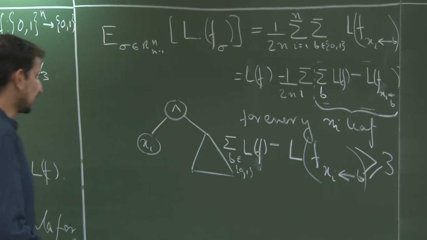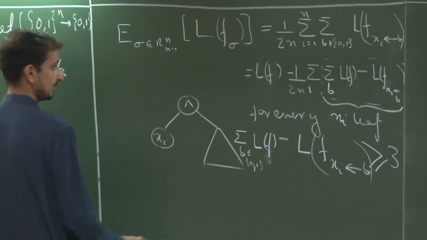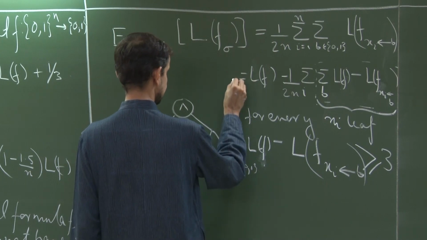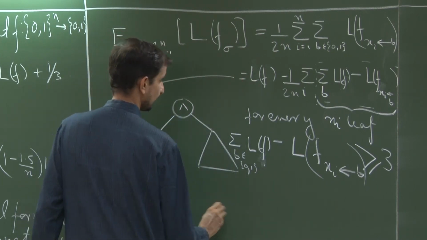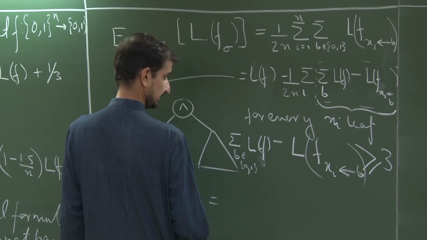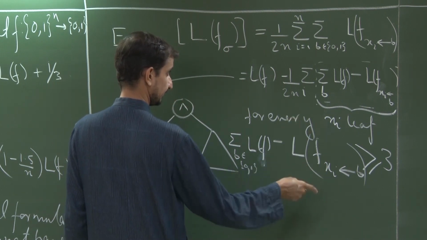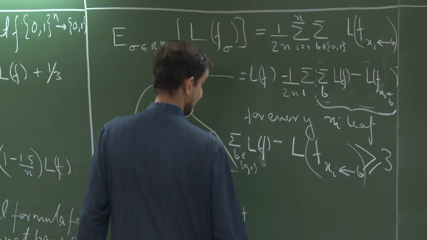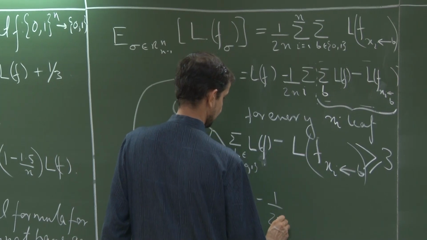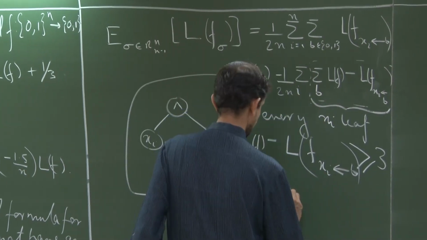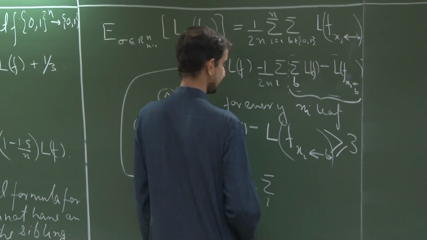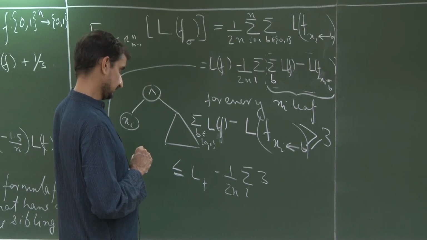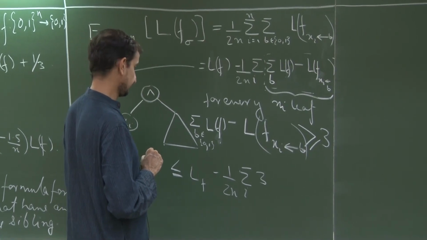Now, let us plug this back in. This expression I can write as being greater than or equal to this. I have a minus over here, so this will be less than or equal to L of f minus 1 over 2n, sigma over i, times 3.